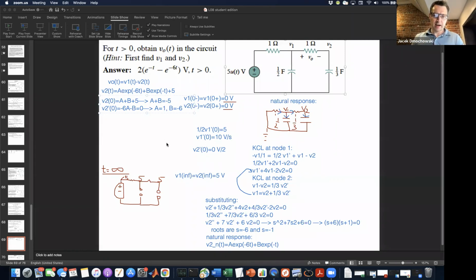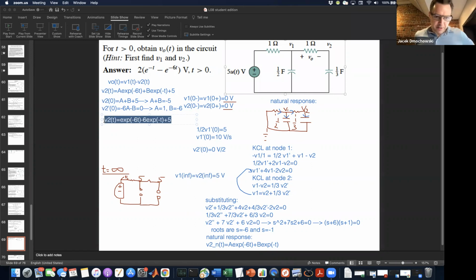You should verify that for yourself, which means that my expression for V2(t) is exponential negative 6t minus 6 exponential negative t plus 5. That is my solution for V2.